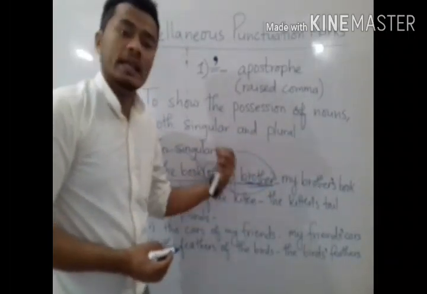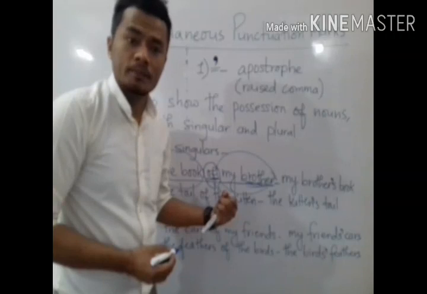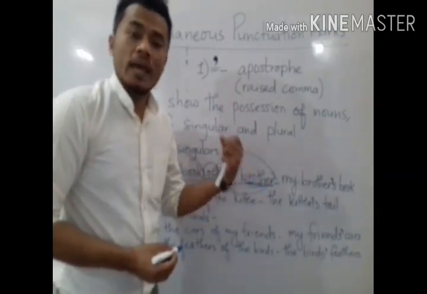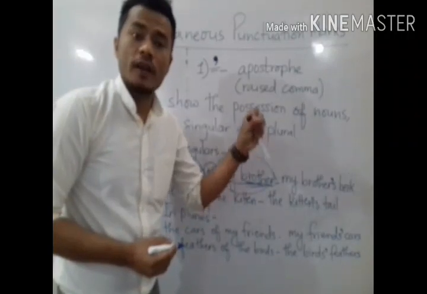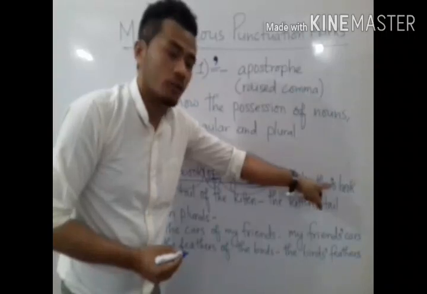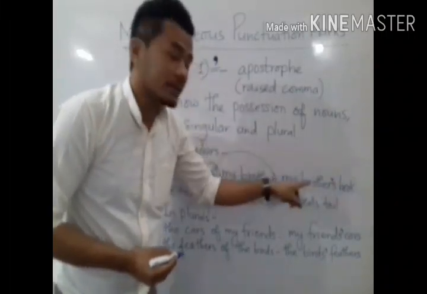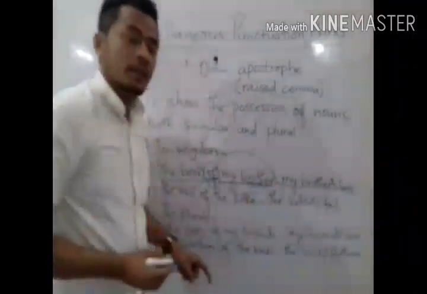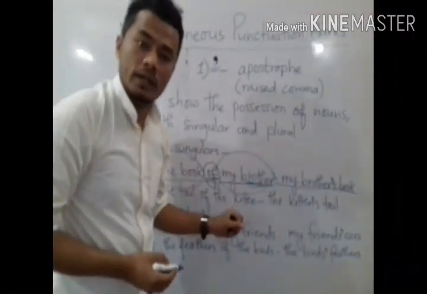So if the noun is singular, to show the possession of that singular noun we have to use apostrophe s after that singular noun, like my brother's book. So this is the possessive case of my brother, which is a singular noun.